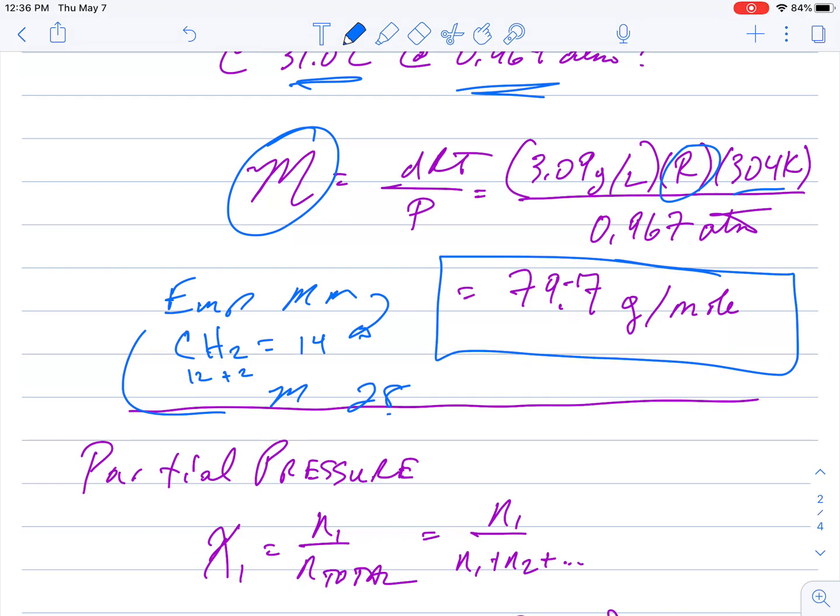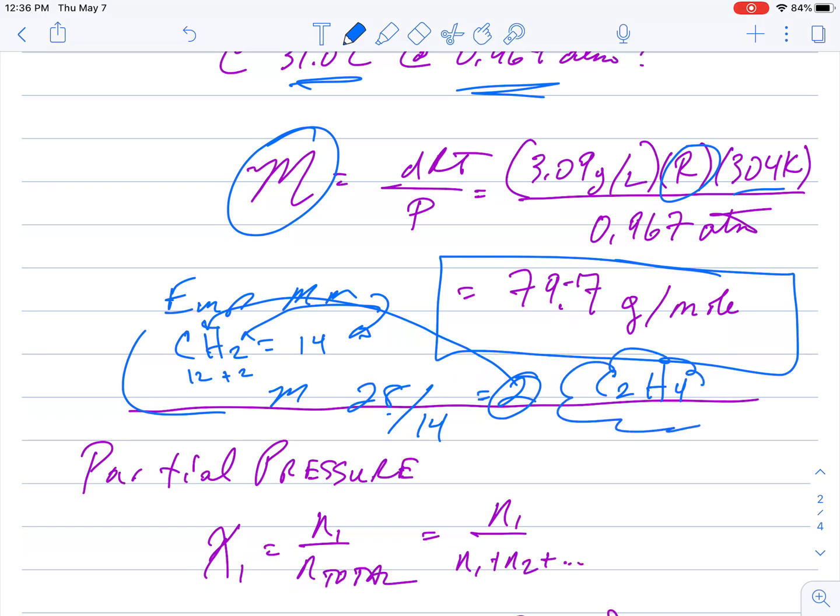So if the molecular molar mass is 28 and the empirical is 14, remember this little trick. So I take 28 and divide that by 14, I get 2. So then if I take 2 and multiply that by each of the subscripts, I get C2H4, right? So that tells me the actual structure of the molecule.